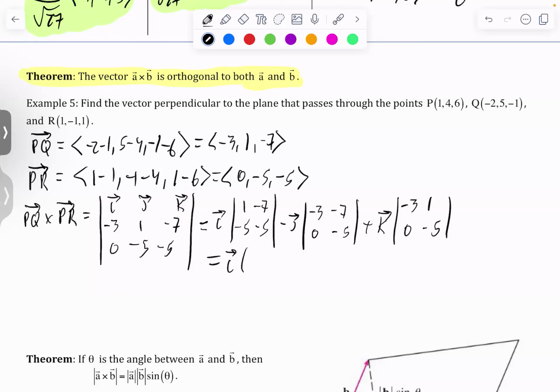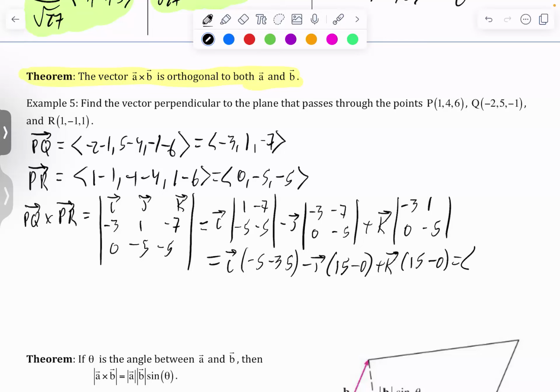And 1 times -5 is -5. Now notice -5 times -7 is -35, or +35, but it's going to be -35, close parenthesis, minus J. -3 times -5 is 15, minus 0, plus vector K. -3 times -5 is +15, minus 0.